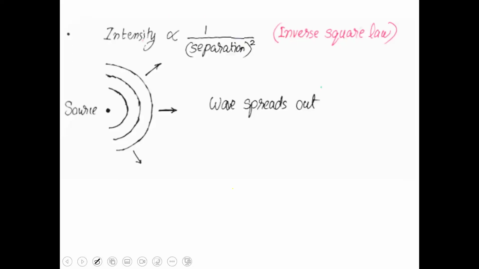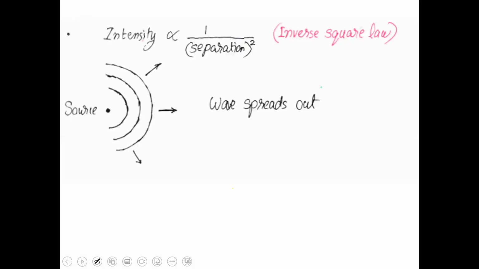Inverse square law means that intensity is inversely proportional to the square of the separation. So when you move away from a source, the intensity of the source decreases. As you move away from the source, the signal gets weaker and weaker. This is called intensity inverse square law.